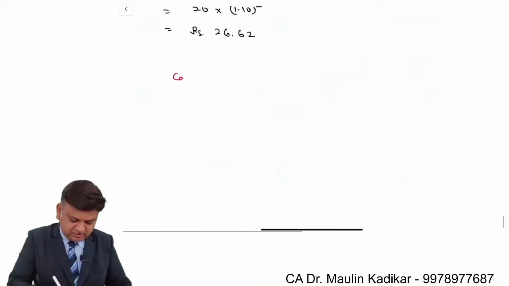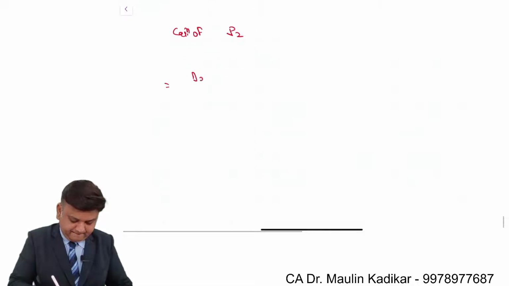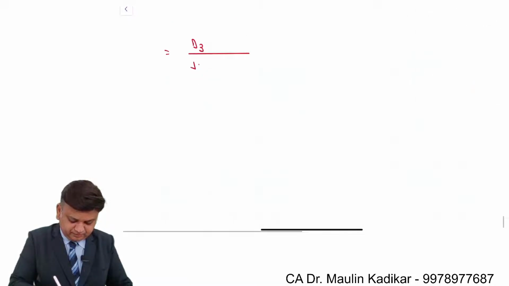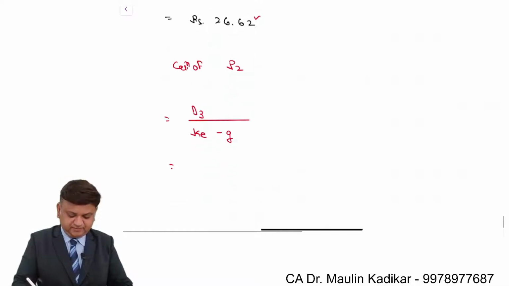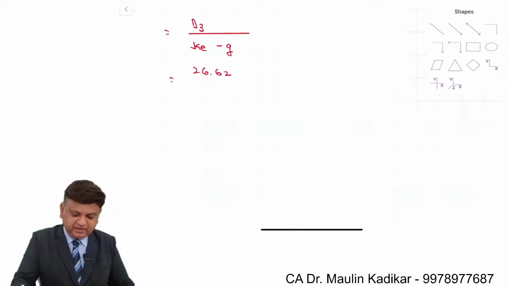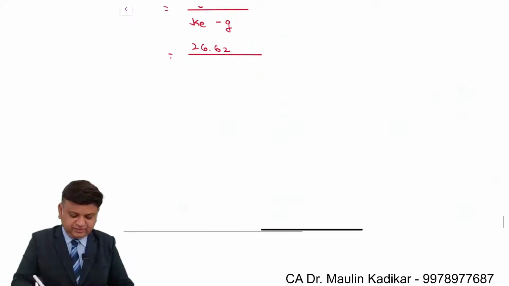Afterwards, calculation of P2. It is D3 divided by K minus G. The third year dividend is 26 rupees and 62 paise, divided by cost of equity. As far as cost of equity is concerned, it is 15%, and the growth rate is 10%.